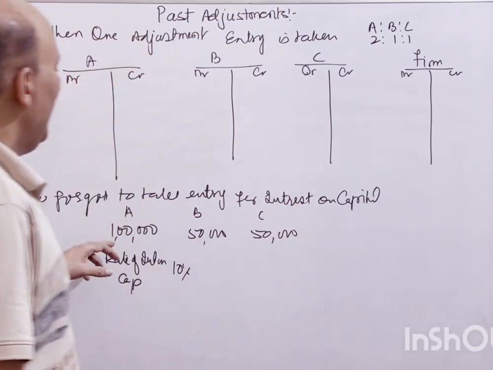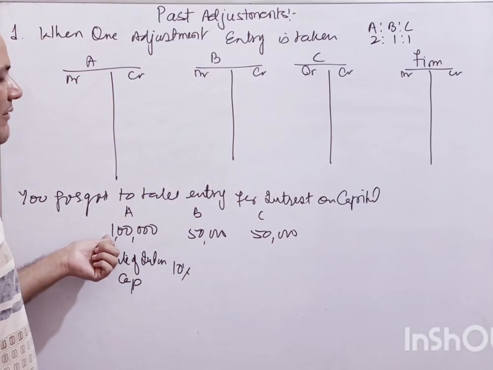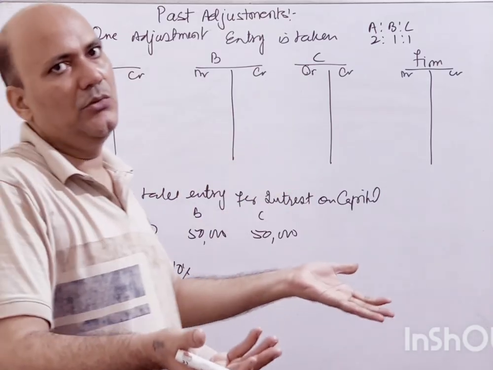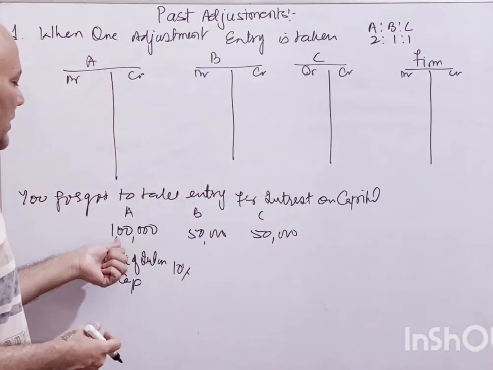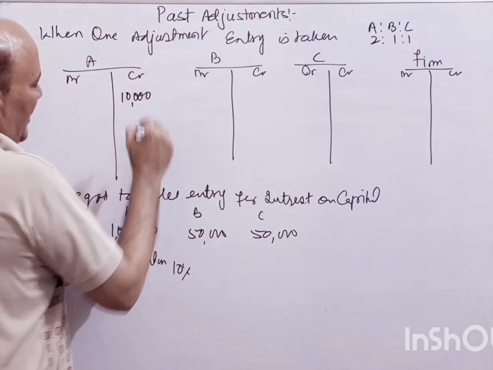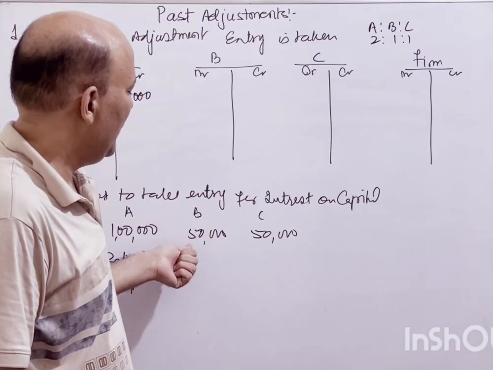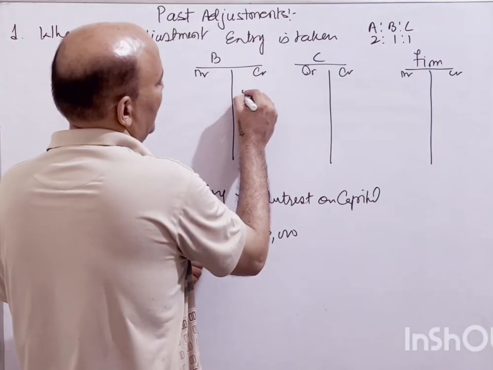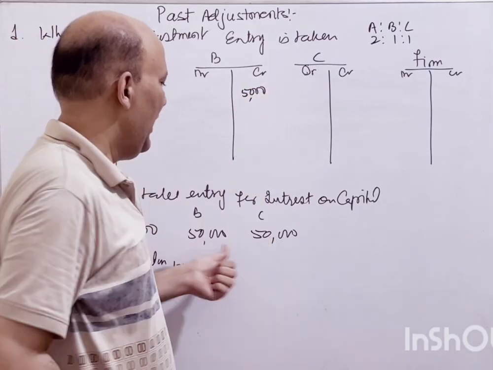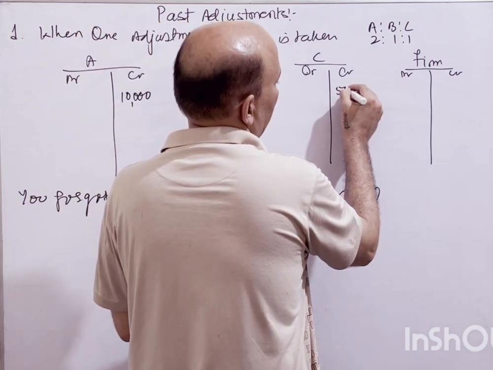So we have to give 10% of this to Mr. A. So obviously A will be credited if we are giving anything to the partner. So 10% of this is 10,000 rupees, right? If we are giving 10% to B on capital of 50,000, that means 5,000 we are giving to him, and C's capital is 50,000, 10% of this is 5,000 rupees.